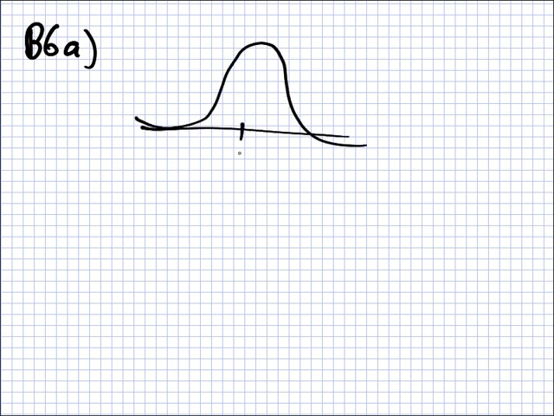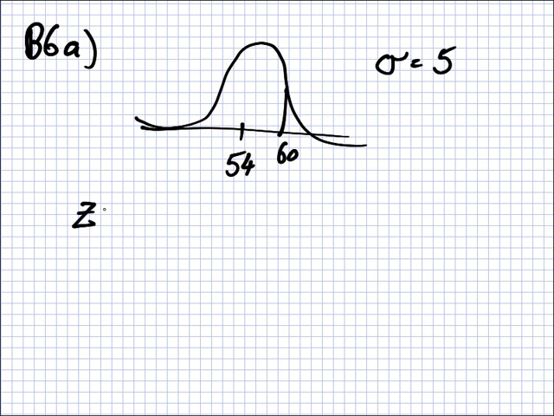Right, are we ready to have a look at it? B6 now. A student drives to college each day. The times of the journey are assumed to be a normal distribution with mean 54 minutes and standard deviation of 5 minutes. Find the probability the journey will take more than 60 minutes.